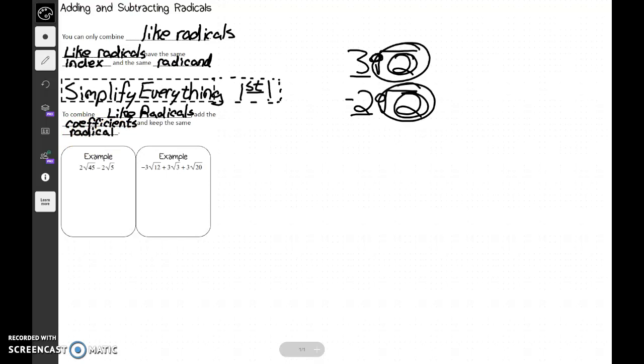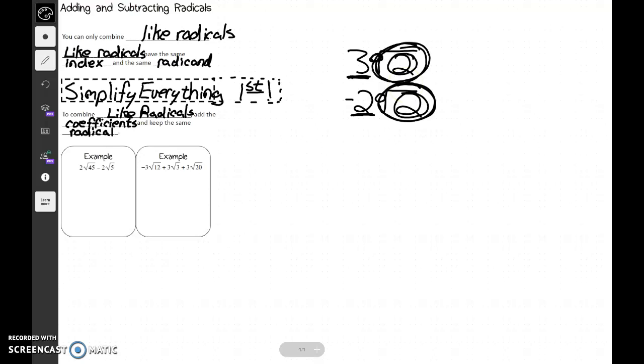So to combine like radicals, we want to add the coefficients together. Remember, the coefficients are going to be the numbers out here on the outside of the radical. And then we want to keep the same radical, meaning that these two things we have circled here, we want to keep those the same when we combine radicals.